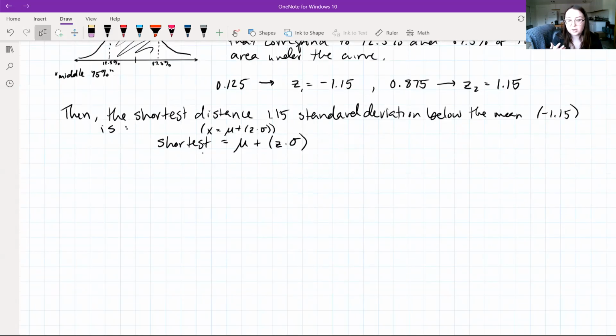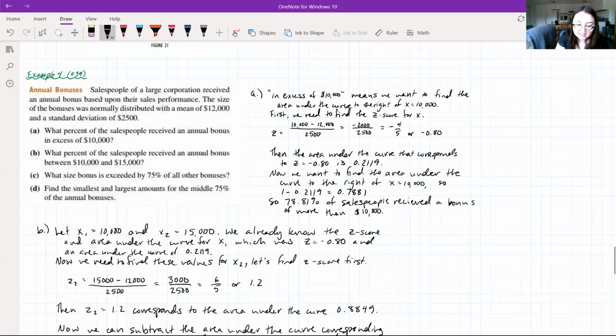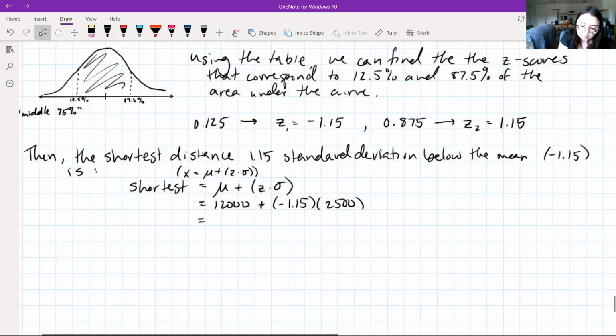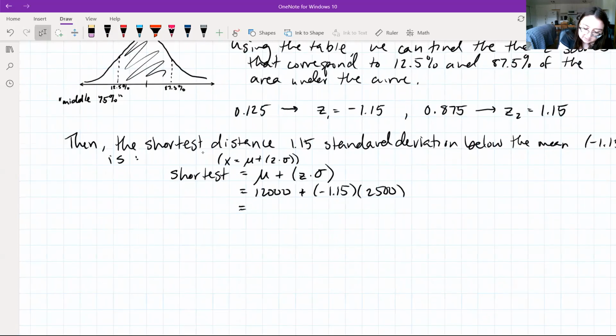And we know our mean, we know our z-score, and we know our sigma value. So we can say that this is equal to 12,000 plus negative 1.15 times 2,500. And we see that our shortest distance, or in this case, the smallest amount, let's change this to smallest amount, not shortest.